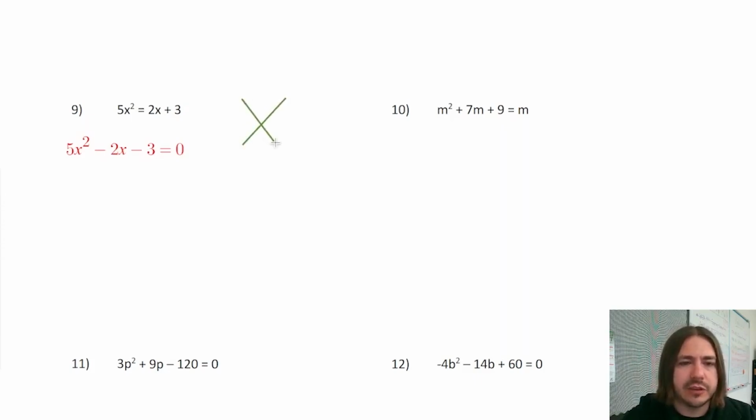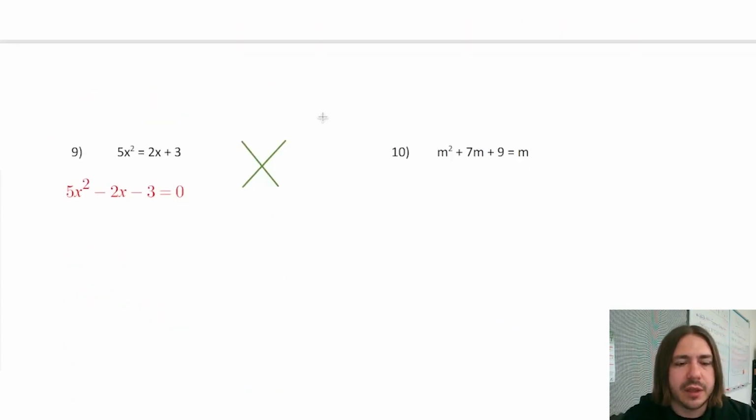I'm going to start by using this X, which is kind of the same thing that we started with before, with this little shortcut. But here, we need to multiply A times C. 5 times negative 3 is negative 15, and that's the number we're going to try to multiply to.